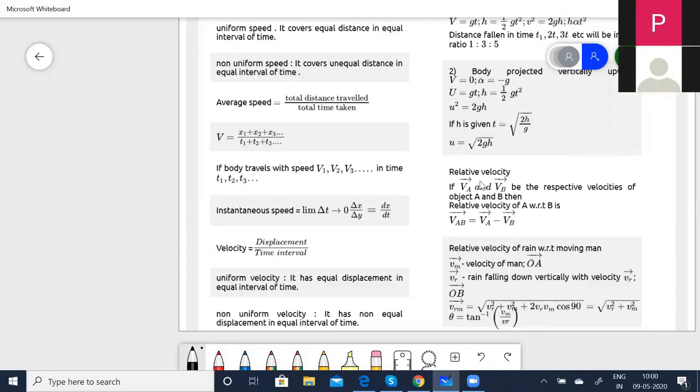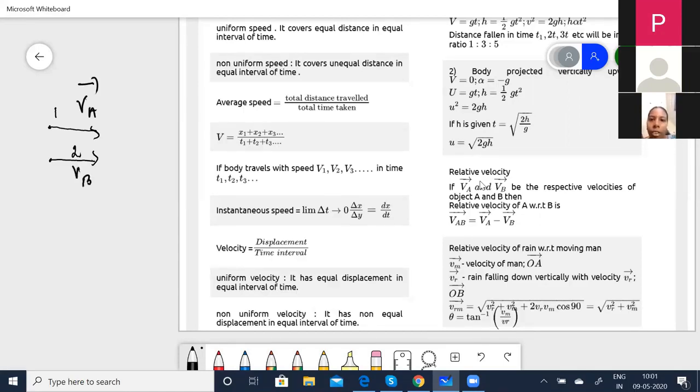Okay. So if I explain relative velocity, say this is object 1 starting from this point and this is object 2 starting from this point. Both are now going in the same direction. Let this velocity be VA vector and for this it is VB vector.